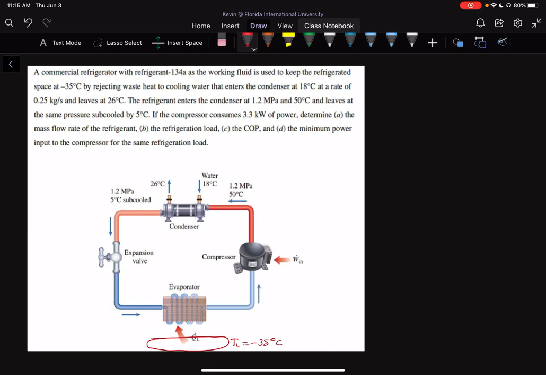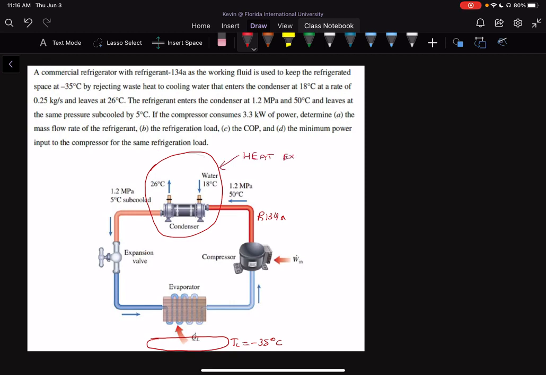So we seem to have an open system here, where our water is coming in and out and exchanging with the R134A. The R134A is traveling through this system right here. So that's important to note. Then the refrigerant enters the condenser at 1.2 megapascals and 50 degrees. So we essentially have a heat exchanger here.